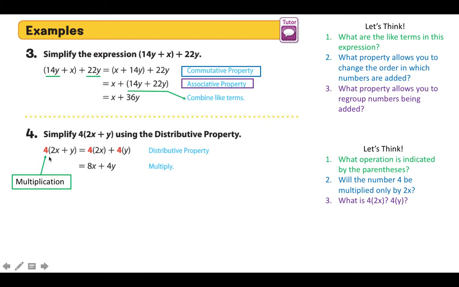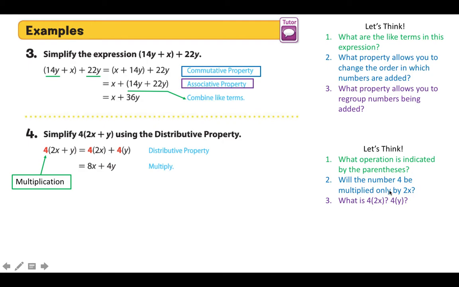That is multiplication. The distributive property means we're going to take this 4 and multiply it by both of the terms in parentheses. So we're going to multiply 4 times 2x and 4 times y. Remember, we distribute to both of the terms inside the parentheses.